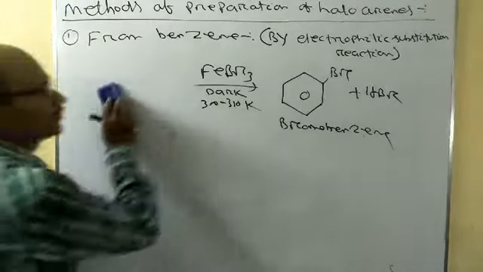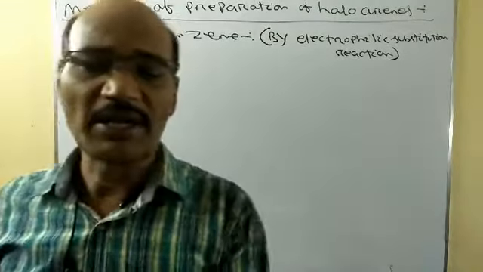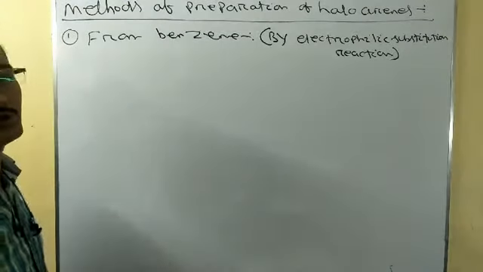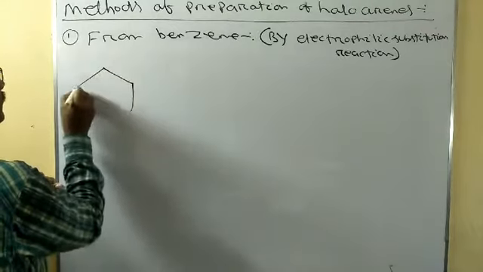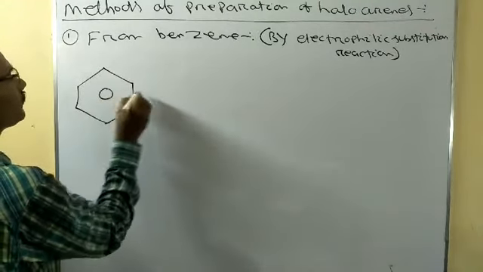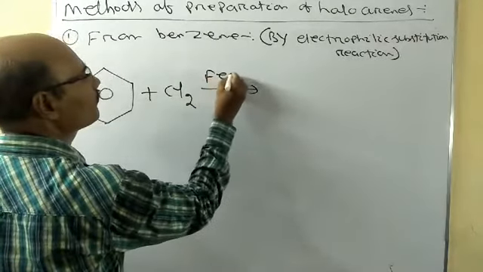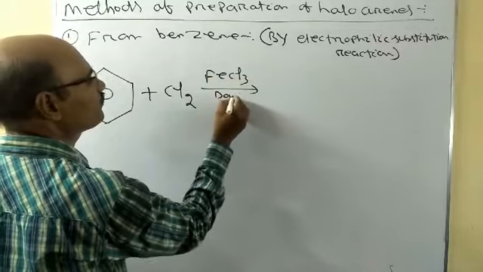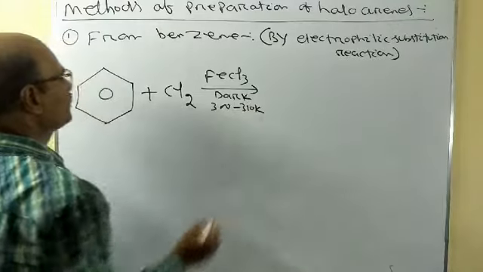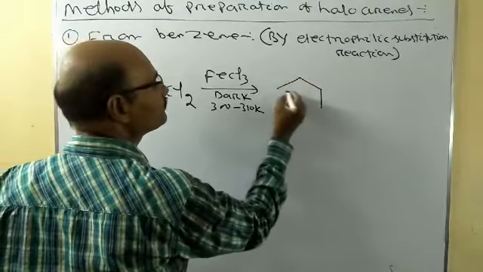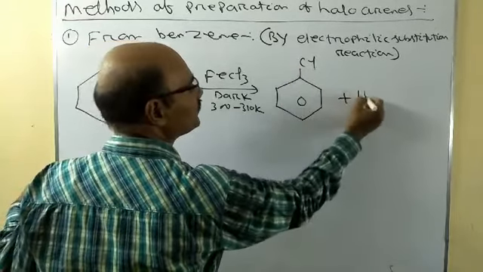Same halogenation, if we carry out by taking excess of halogens. For example, see, if I am taking benzene plus Cl2, FeCl3, dark, 300 to 310 Kelvin, I am getting chlorobenzene plus HCl.